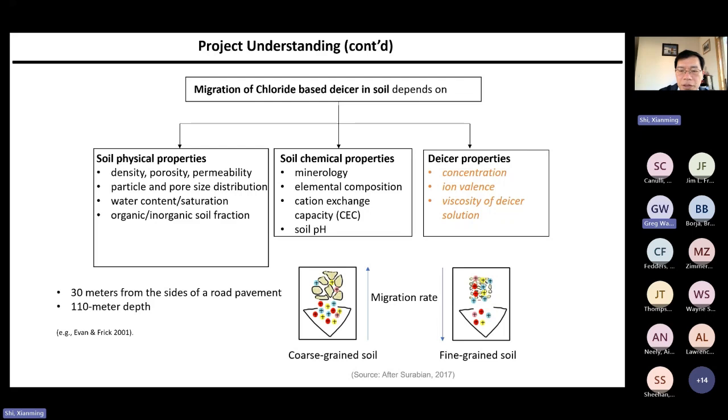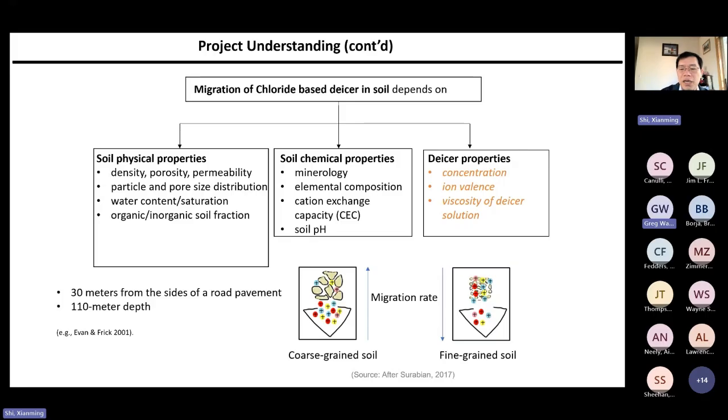The chemical properties of the soil are a second group, where we're talking about mineralogy, the chemical composition, the cation exchange capacity, the pH value, and so on. And the last group is the properties of the deicer itself. These could be concentrations, the ion valency, or the viscosity of deicers.